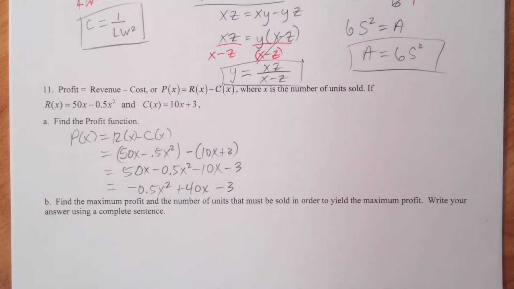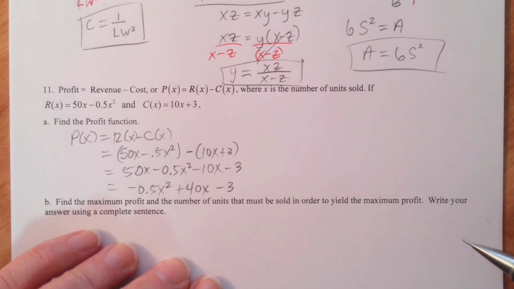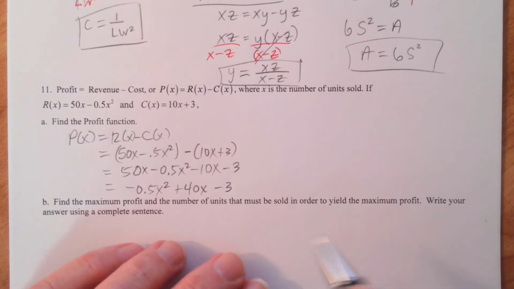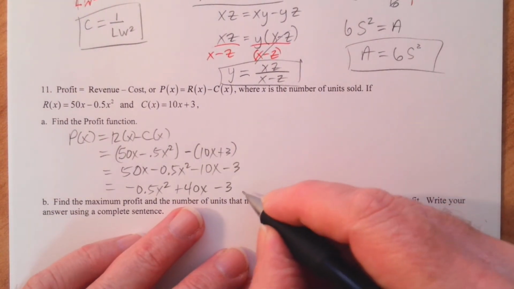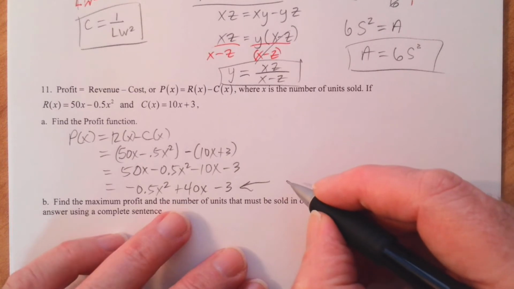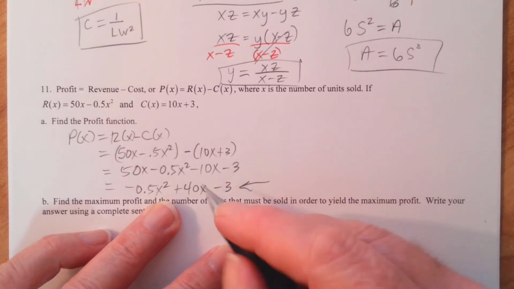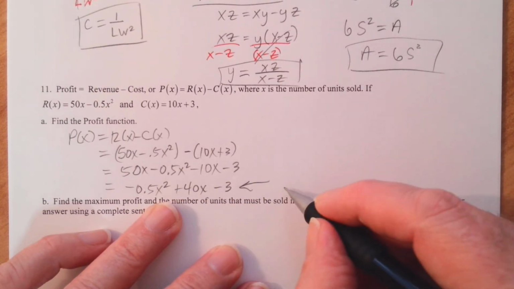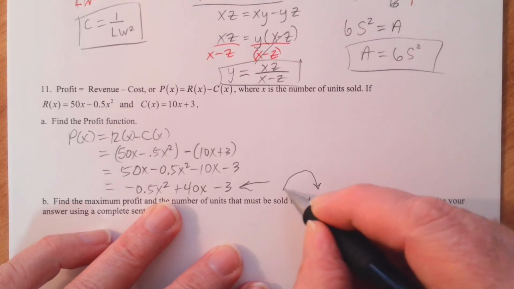Now it says find the maximum profit and the number of units that must be sold in order to get the maximum profit. It does say write your answer using a complete sentence. So first of all, if you think about this, this is a parabola because of the x squared, and because of the minus out front, it's a parabola that opens down.